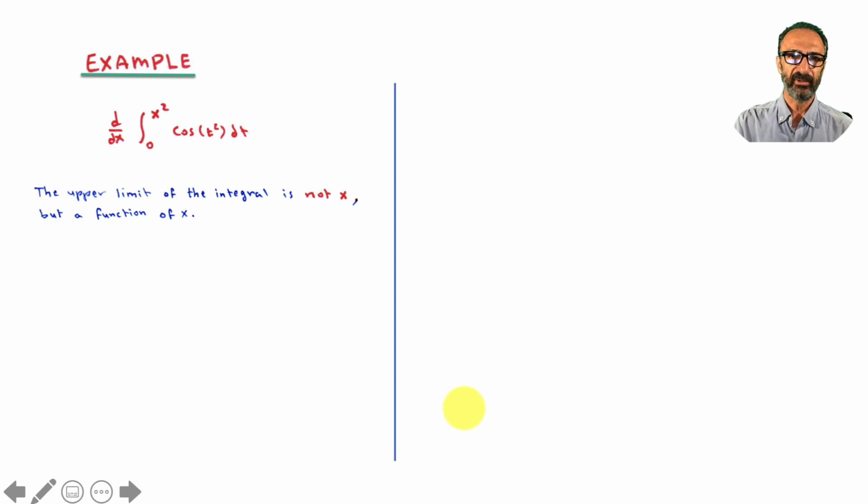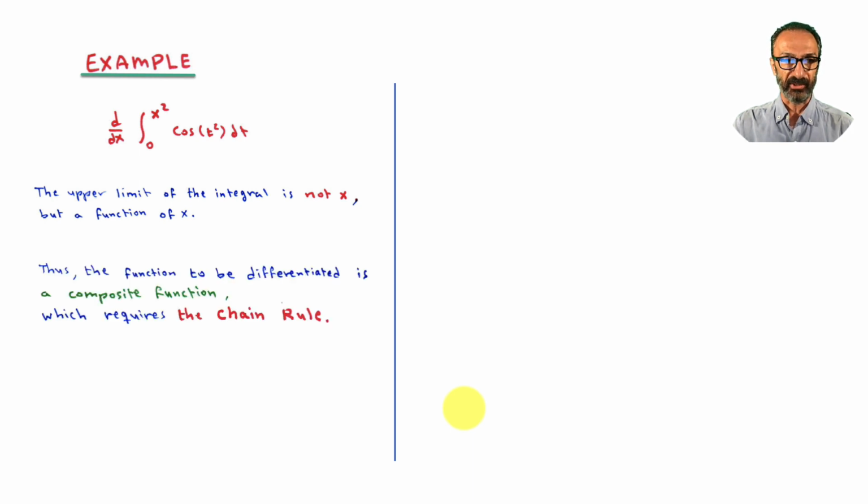I'll slow down so I can make sure that you understand my steps. The upper limit of the integral is not x, but it's a function of x. Thus, the function to be differentiated is a composite function, which requires the chain rule. See this right here, for example, it's not cosine t.